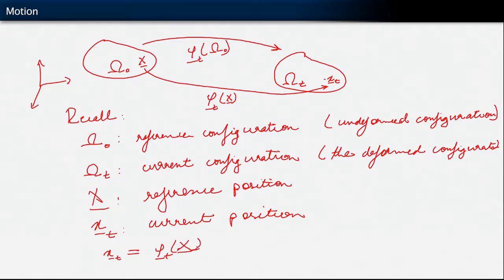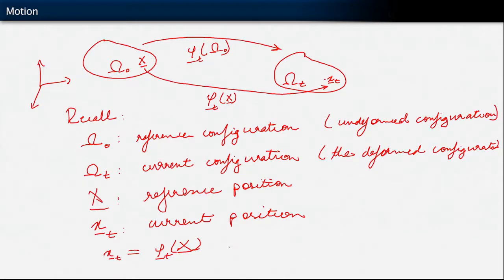Okay, now the subscript t here represents time. It's often common and it's actually quite convenient if we just recognize that, well, in exactly the same way as this mapping is parameterized by reference position, we can also include the time t as a further parameterization of this mapping. Okay?